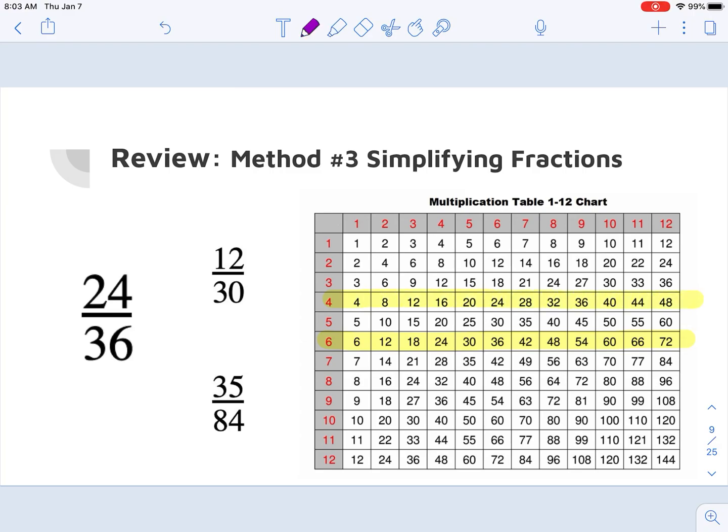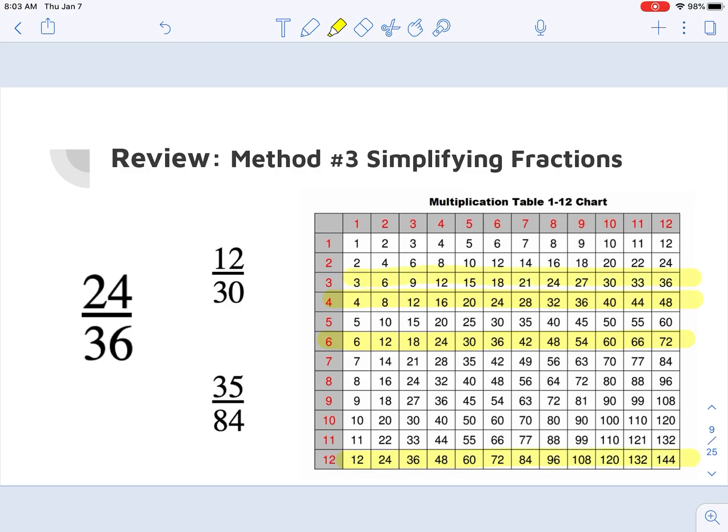Do you see what I'm talking about? So here there's a 24 and here there's a 36. They both are in that row. Here I have a 24 and a 36. So looking for rows that have both of them in. Let's see, the 12 row has a 24 and a 36.